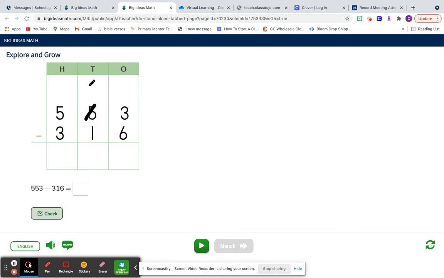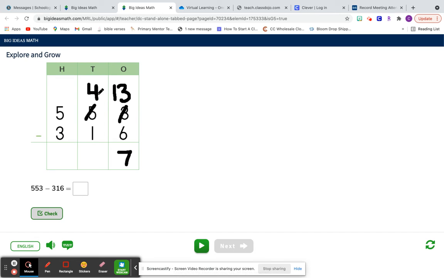All right, so the right way to do it is come over here and borrow a 10. So I have to take 1. I'm adding 10 over here now, so that's going to give me a 13. 3 plus 10 is 13. 13 minus 6 is 7. See, if I would have flipped this, I would have had a 3 here, so we already know that problem would have been wrong.